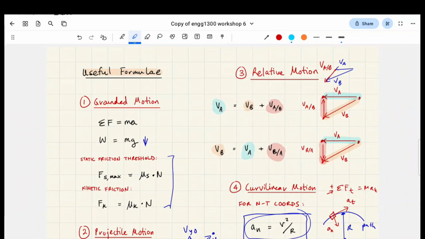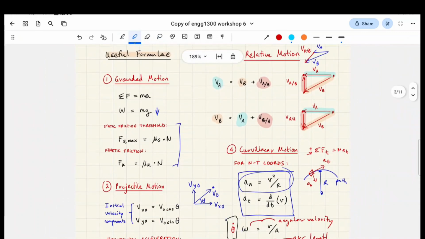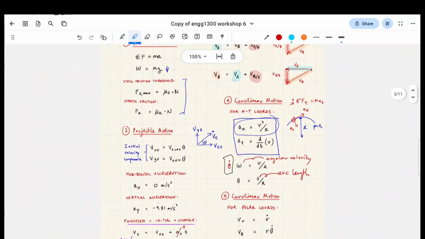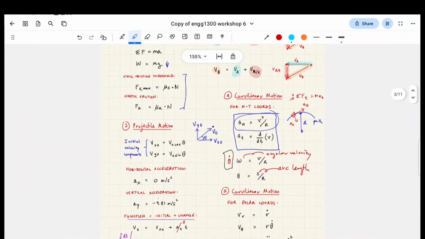In general, kinematics is the motion of particles and you don't really analyze the forces. Actually, now that I think about it, we analyze the forces not for projectile motion but for curvilinear motion, so maybe it is kinetics. Maybe it's kinematics.